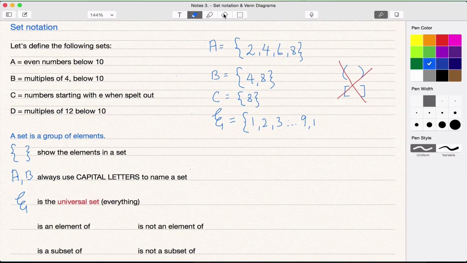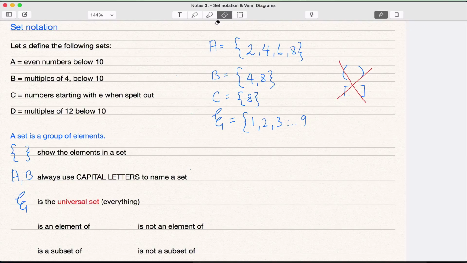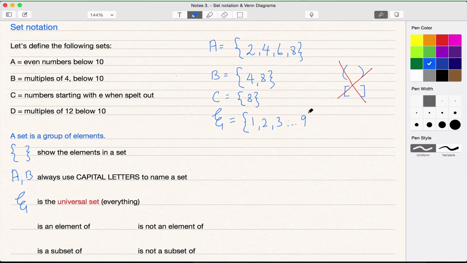Oh, 10's not below 10. Let's go up to 9. Or if you're feeling a bit lazy, you could write it as 1 to 9. This way is more correct, but if it's like 1 to 100, you don't need to write out every different possibility. You could just write it like in shorthand.